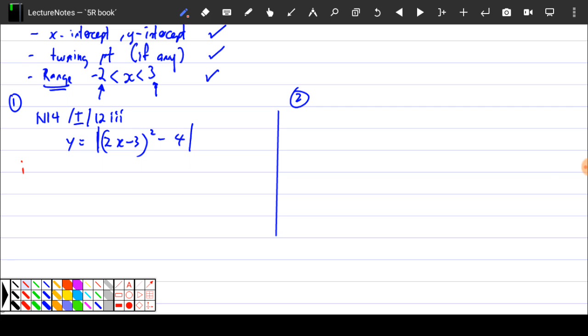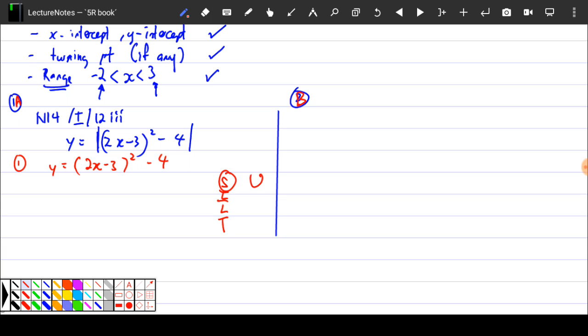I call this method A and method B. Step 1 is to sketch y equals 2x minus 3 squared minus 4, so I sketch whatever is inside the modulus first. I will use SILT. The shape is a minimum.